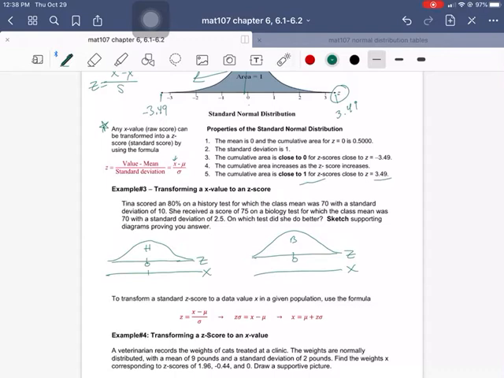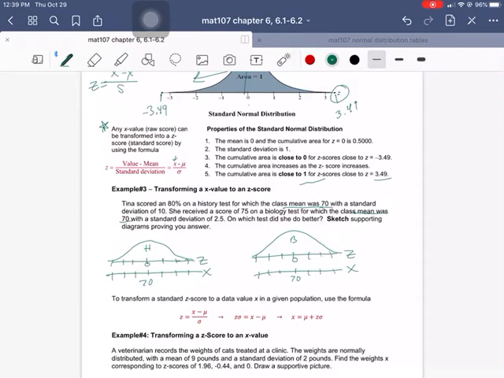So the history mean was 70. The biology mean was also 70. So that goes there. Okay. 1, 2, 3 standard deviations over on each corresponds to x values on each scale.